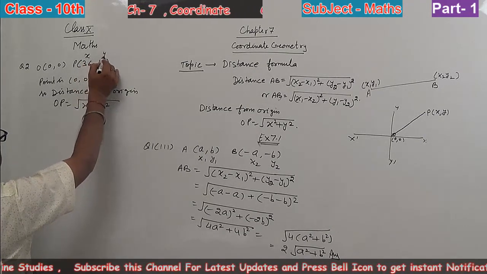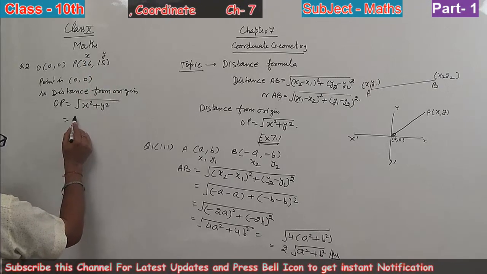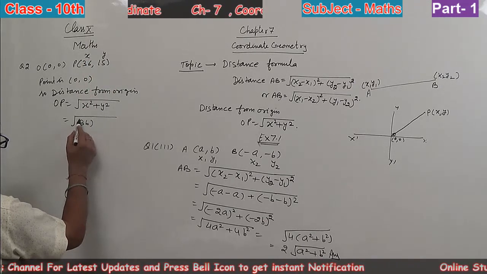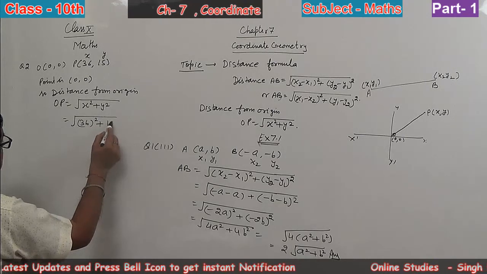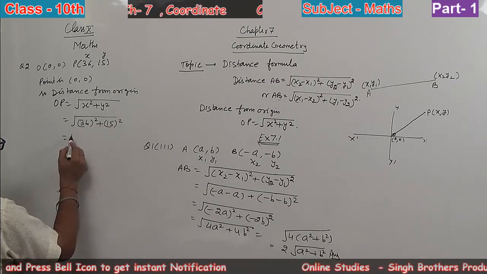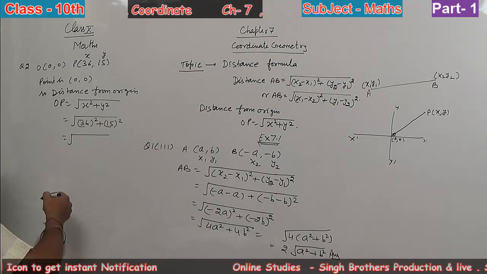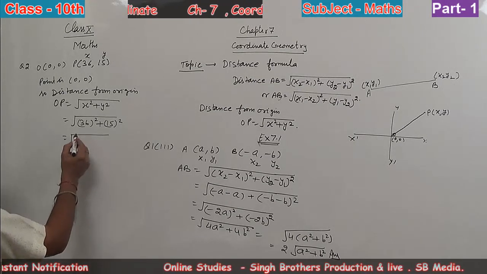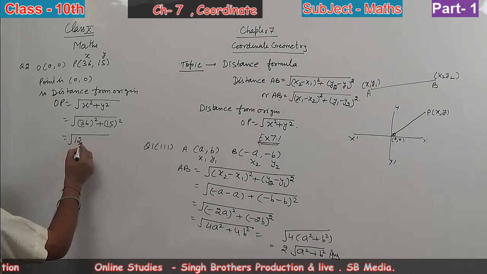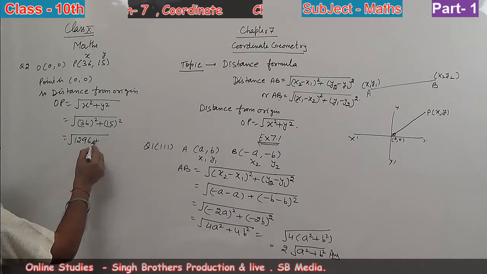This is x, this is y. So 36 square plus 15 square. 36 square is 36 into 36, that is 1296.